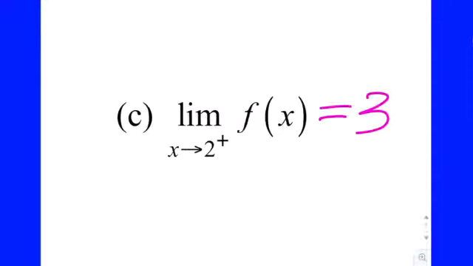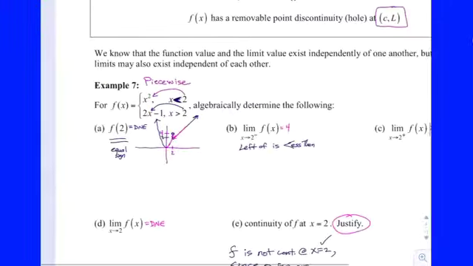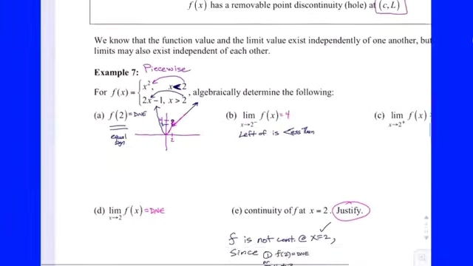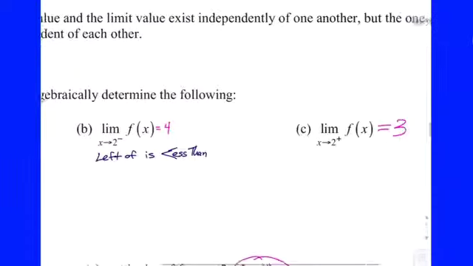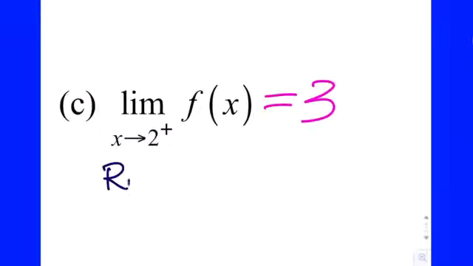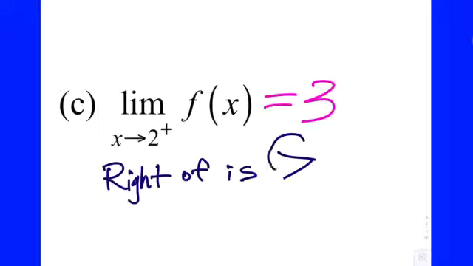And then if you want to figure out what the limit is from the right-hand side of 2, right of 2 is greater than 2. Okay? So let's write that here. Right of 2, or just right of anything, is greater than, which you can remember by doing this. Okay, yeah. Greater than. All right?